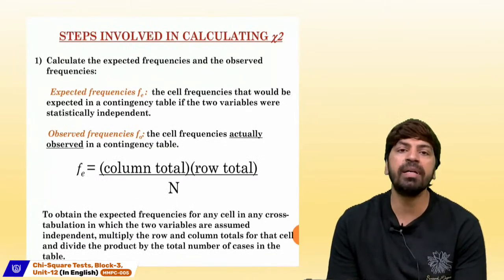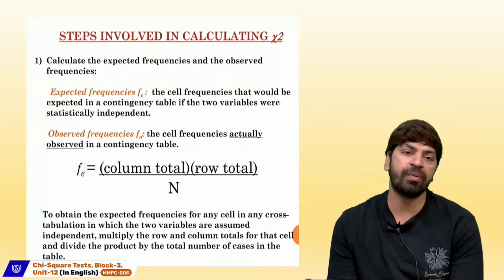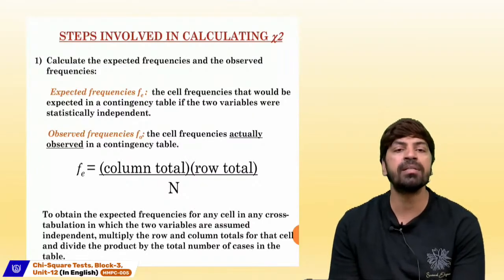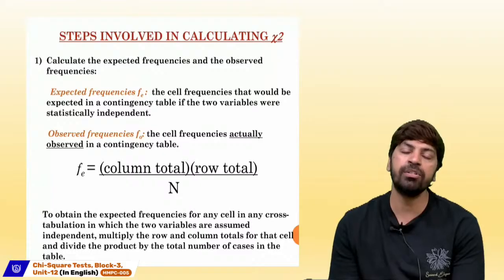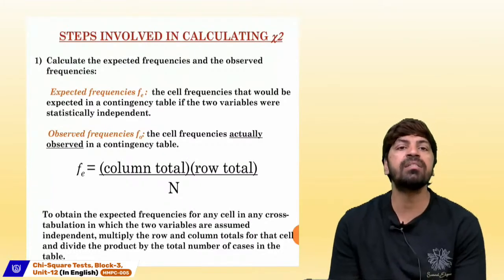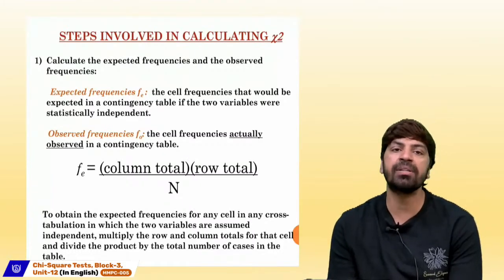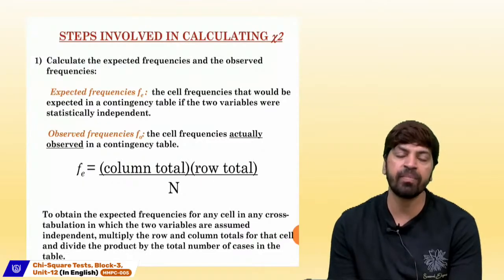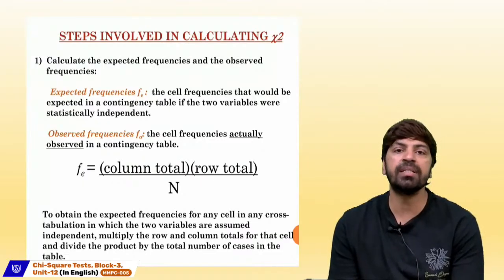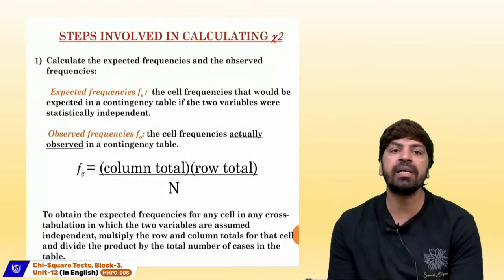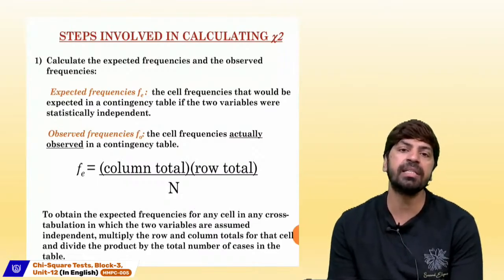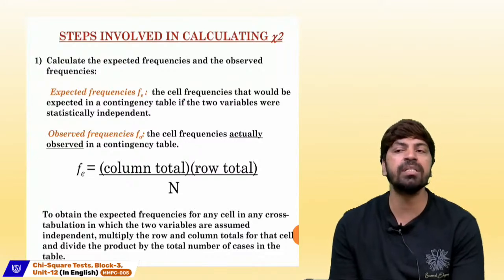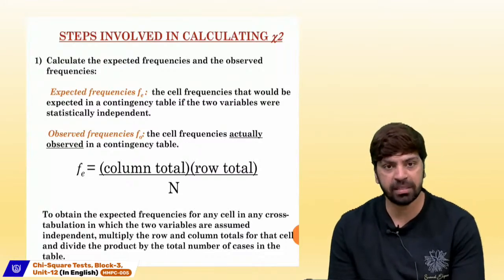Steps involved in calculating the chi-square test. First, the task of a researcher or learner is to calculate the expected frequencies and the observed frequencies. Expected frequency is the cell's frequency that could be expected in the contingency table if two variables were statistically independent.